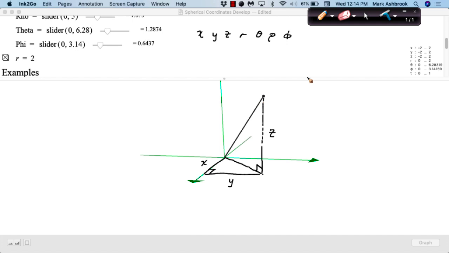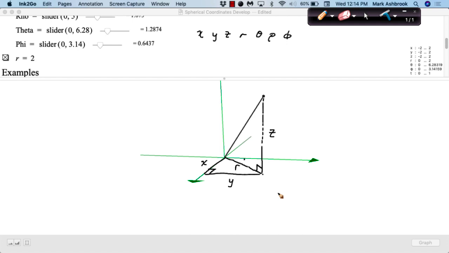So remember cylindrical coordinates. What did we say r was? Distance from the z-axis, right? So it's like horizontal distance from the z-axis is r. So is it exhibit A or B? B. That's r.